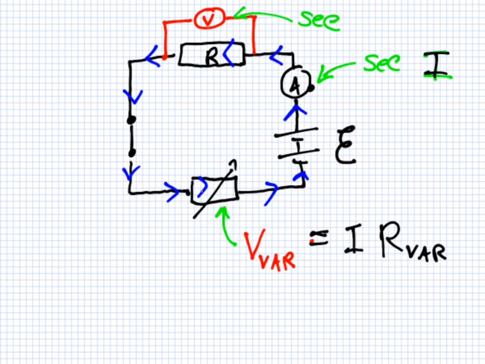Is the current up here the same as down here? What do you think? The current that you see here, is it the same current that's here? Yes, it is. Because if you remember, current is the same in series. So the current here is the same.